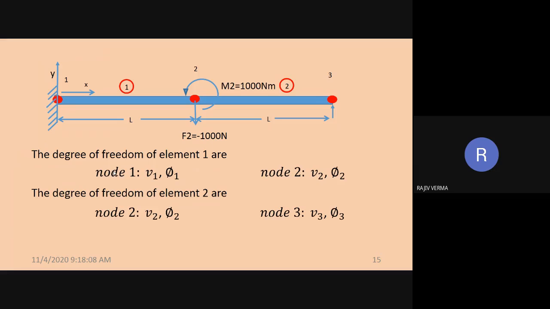So each element has 4 degrees of freedom. 2 of them happen to be transverse displacement and 2 happen to be the angular displacement. But when you talk about the beam as a whole, there happen to be 3 nodes, so obviously there are 6 degrees of freedom. 3 of them happen to be vertical displacement and the other 3 happen to be the angular displacements.